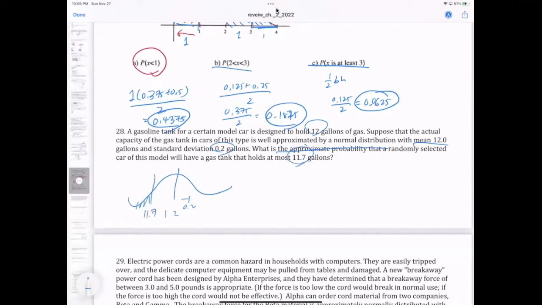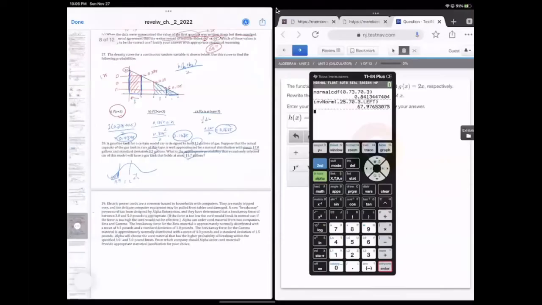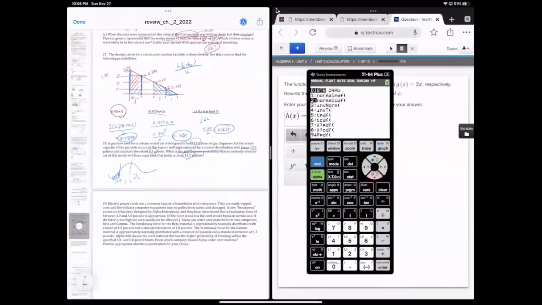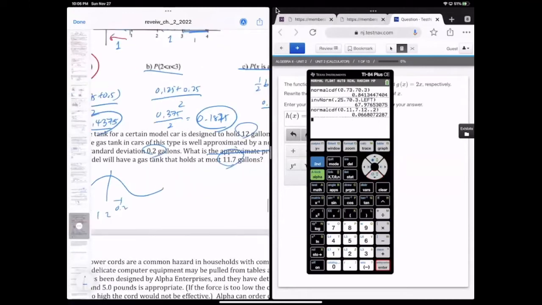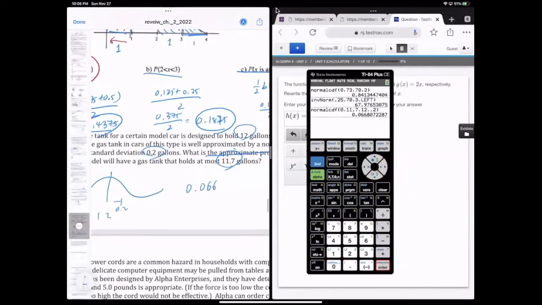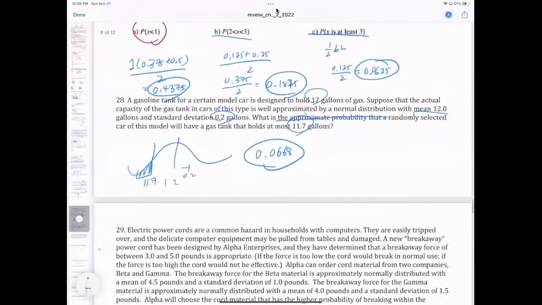We're asked to figure out the probability, which means we are going to go to our calculator, normal CDF, and the lower will be 0, upper will be 11.7, then the mean and standard deviation, and then bam. The probability here is 0.0668, and I think that should be the correct answer. Very simple, that's all we really have to do.